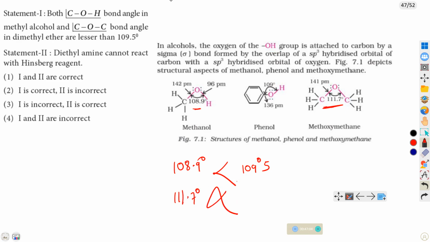No. So first statement wrong. Diethylamine cannot react with Hinsberg reagent. Diethylamine formula is C2H5NHC2H5. Yes, 2-degree amines also react with Hinsberg's reagent, but here it is given that it cannot react. Both the statements incorrect. Fourth option.